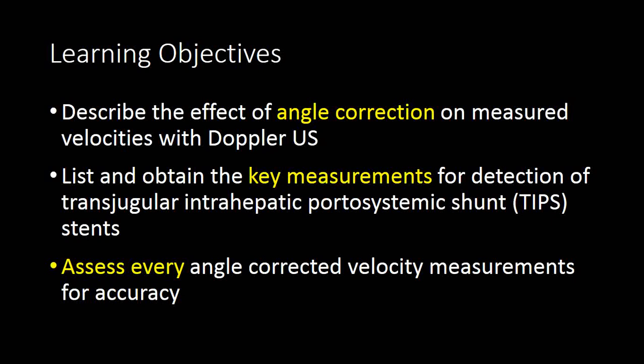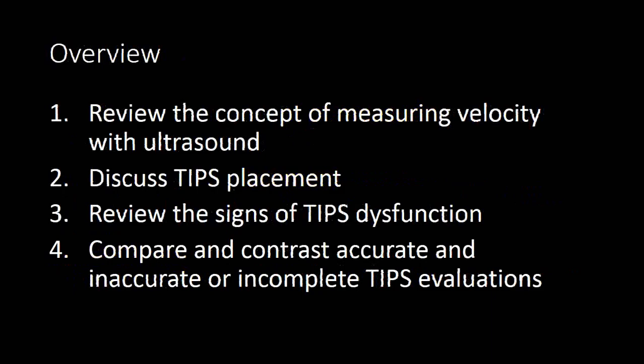And finally, I want you to be confident with assessing angle-corrected velocities for accuracy so that we only report and record good measurements. We're going to start by reviewing the concept of Doppler shift and how we measure velocity with ultrasound.